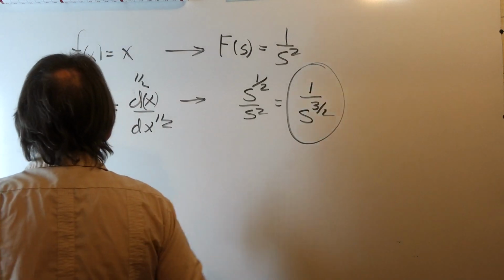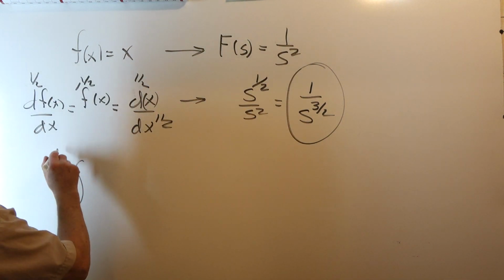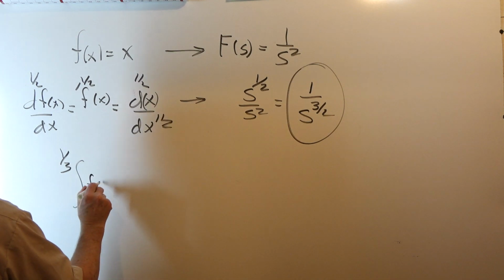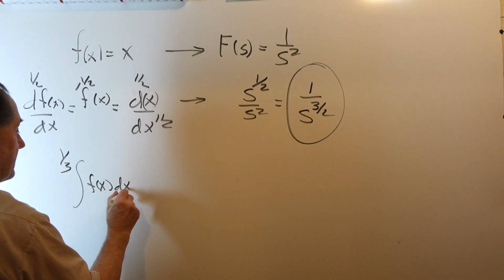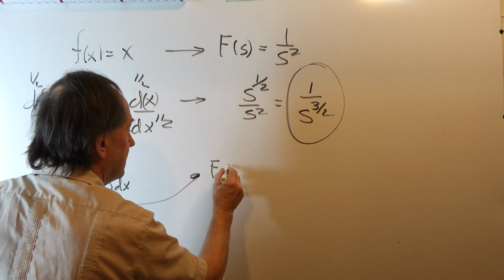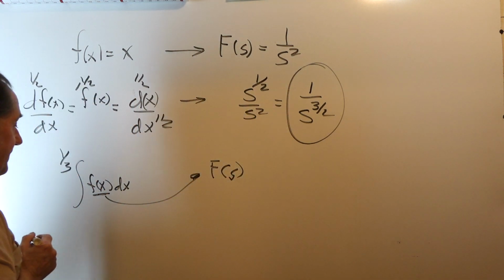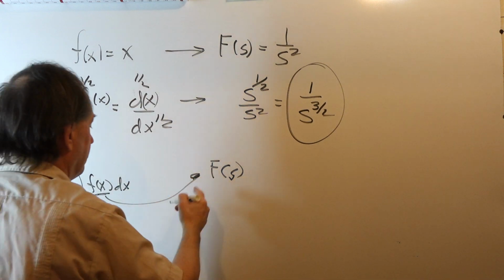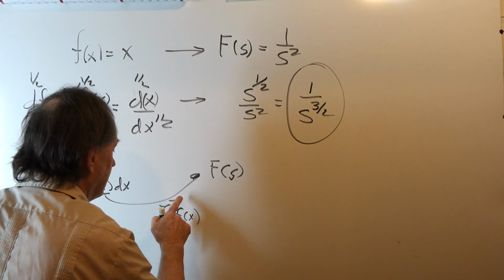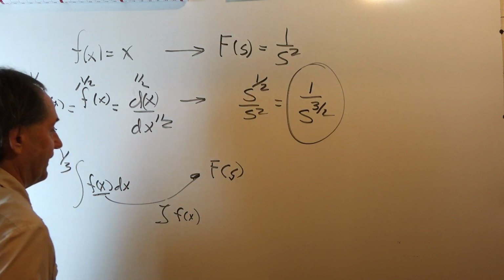Or suppose we want to take the 1/3 integral of f of x with respect to x. Well, we transform our f of x into the Laplace space. We find F of s, which is the Laplace transform of f of x.